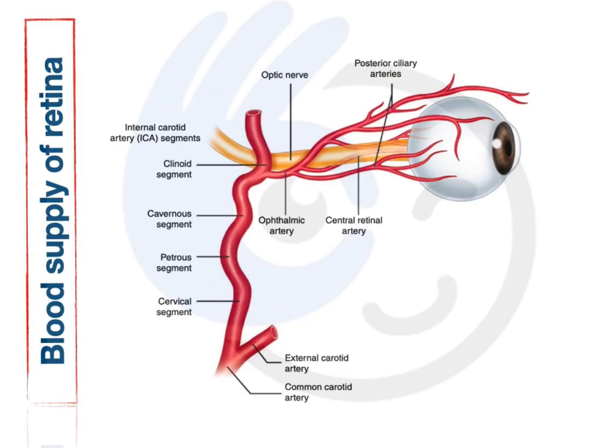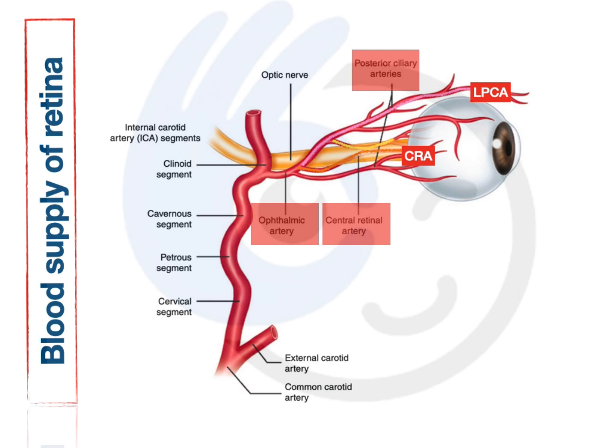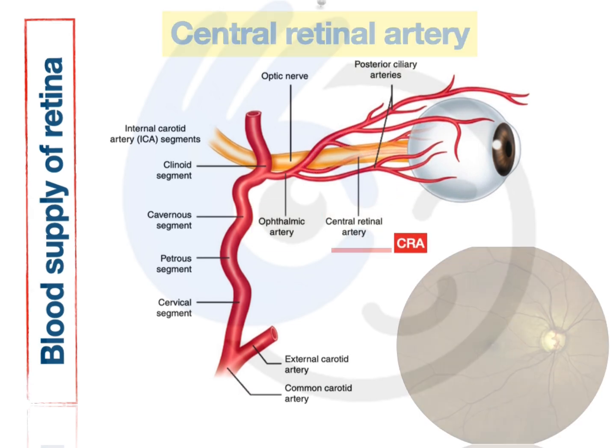So coming to the blood supply of the retina. The retina is supplied by the ophthalmic artery, which is a branch of the internal carotid artery. It gives a branch, the central retinal artery, which penetrates the optic nerve and enters the retina. The other branches are the long posterior ciliary artery, which anastomoses anteriorly, and the short posterior ciliary artery, which supplies the RPE and then the choroid. So let's see in detail.